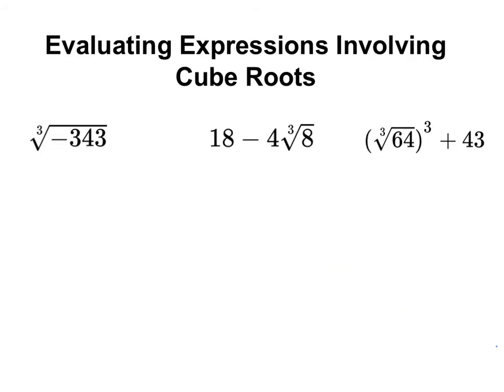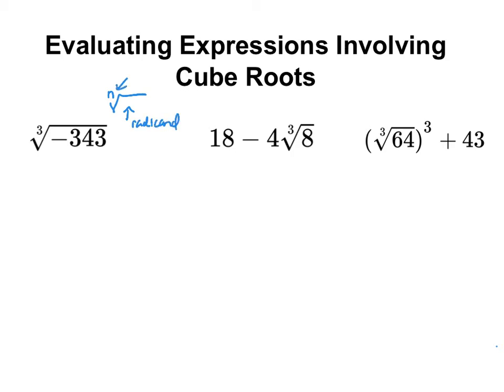All right, let's look at a few other examples. In this first one, I have the cube root of negative 343. And what I did is I used my calculator, because I don't know this one offhand. And on the calculator, it's going to have something like this as a symbol. And the first thing you're going to do is put in the radicand. So you add the radicand first.